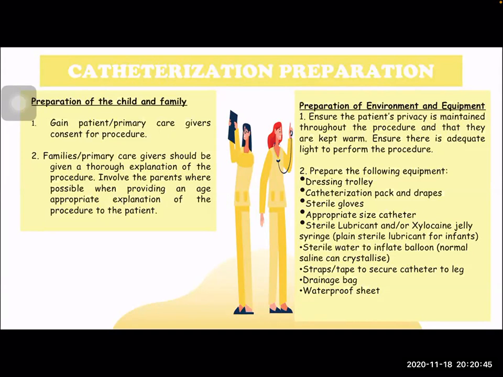And sterile water to inflate the balloon, and avoid normal saline because it can cause crystallization in the tubes. And then straps or tape to secure the catheter to the leg, drainage bag, and waterproof sheet.